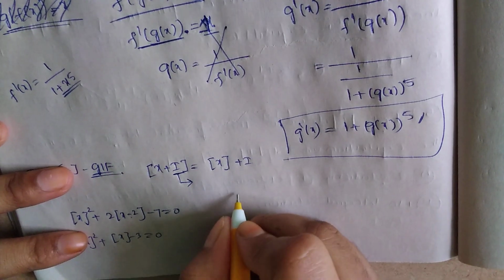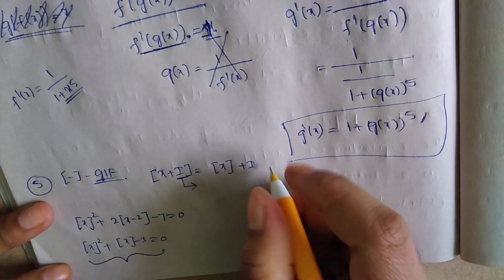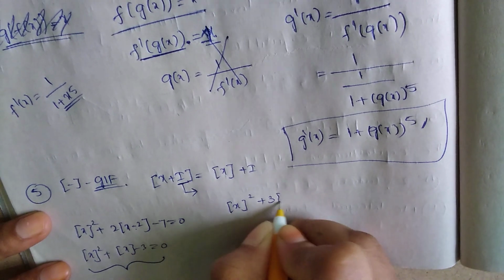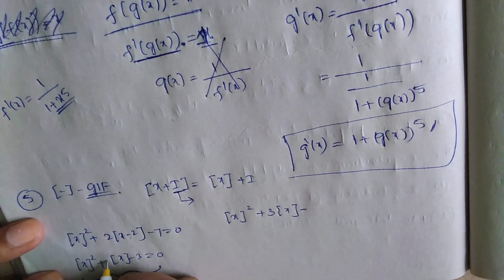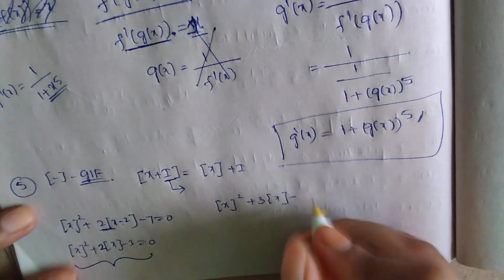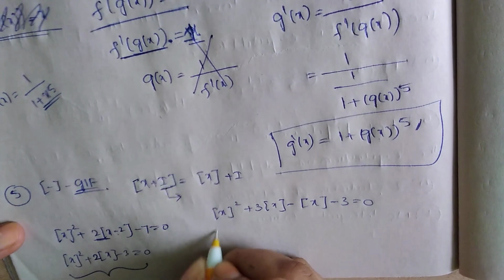Now factorize it. What do you get? Box x whole square plus 2 box x, sorry, it is 2, right? I forgot to write this. Minus box x minus 3 is equal to 0.